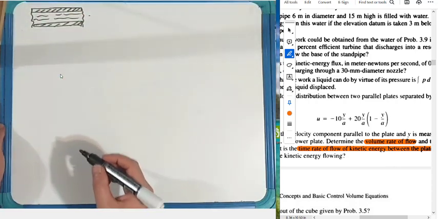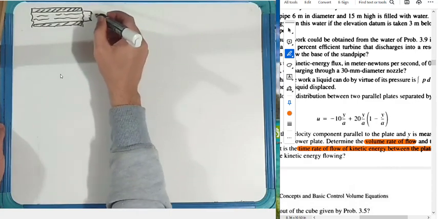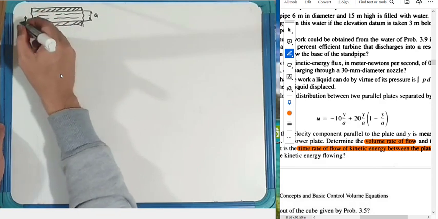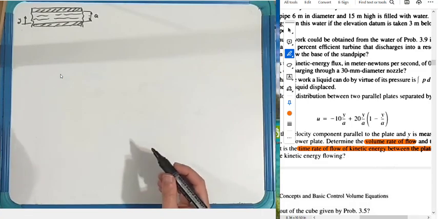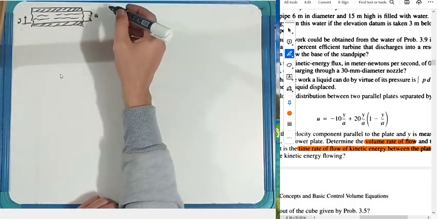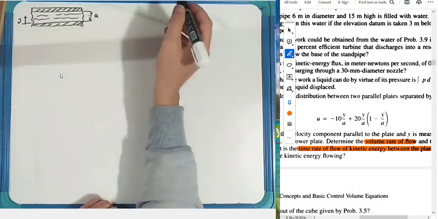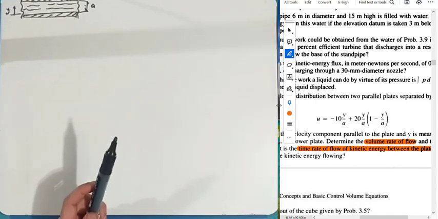So the distance between the two of them is a, and y will go from here. Then what do we have? U, as we can see in the book.